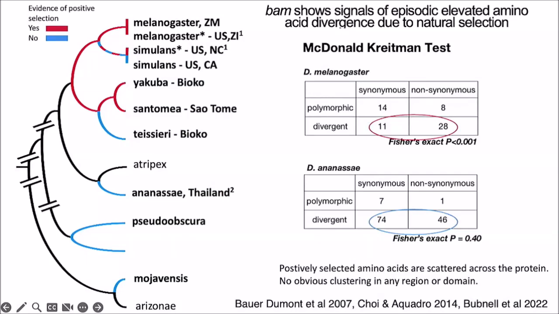And if you do a McDonald-Kreitman test, which looks at the number of polymorphic synonymous versus non-synonymous changes, using this as a metric of constraint, there are fewer non-synonymous polymorphisms here than synonymous ones. These are raw numbers, so we'd actually expect to see three times as many here as here, but we see fewer.